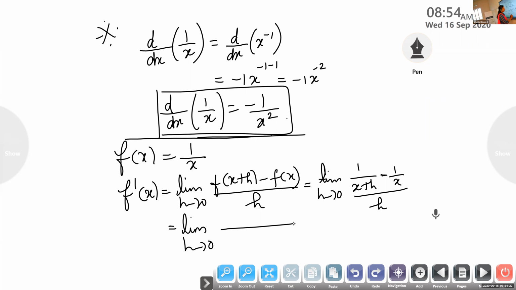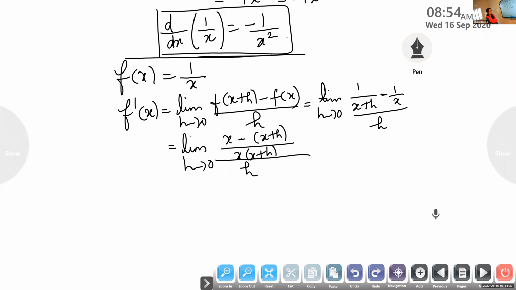So, in the numerator, you will get x minus of x plus h, again by h, over x into x plus h.